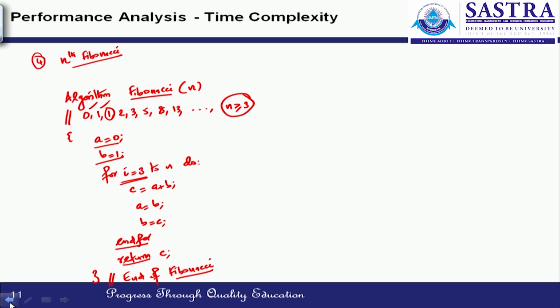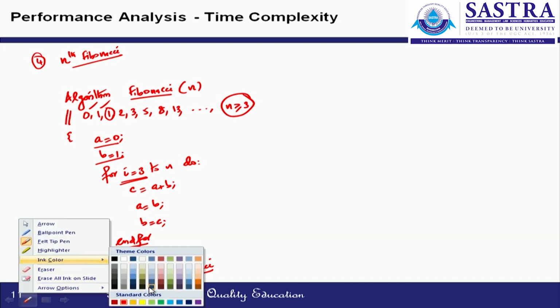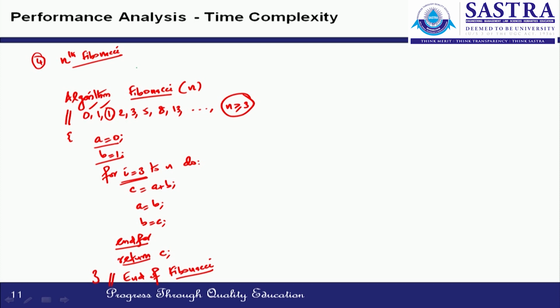Now, let us apply the step table method to find the total number of execution steps in determining the nth Fibonacci number. First column, algorithm; second column, steps per execution; third column, frequency; last column, steps per execution into frequency.